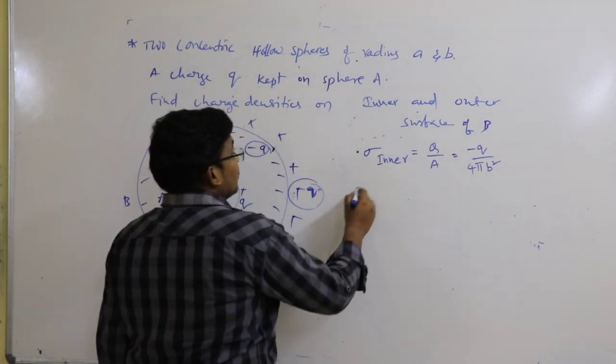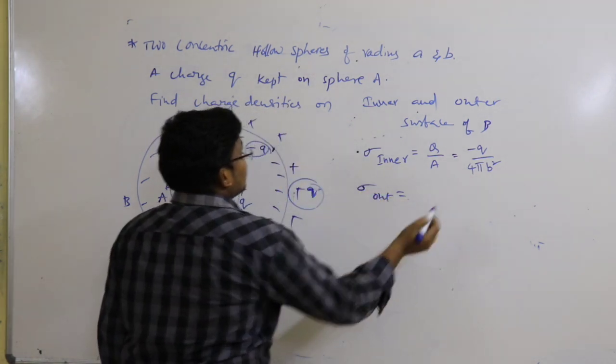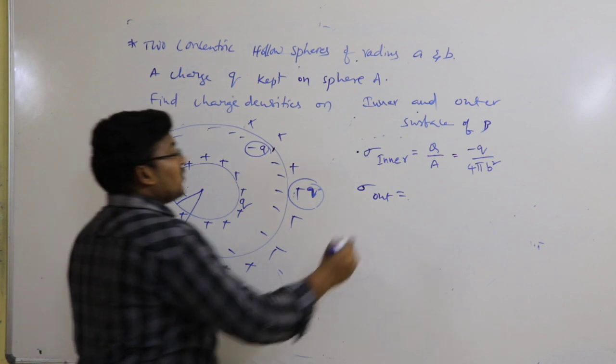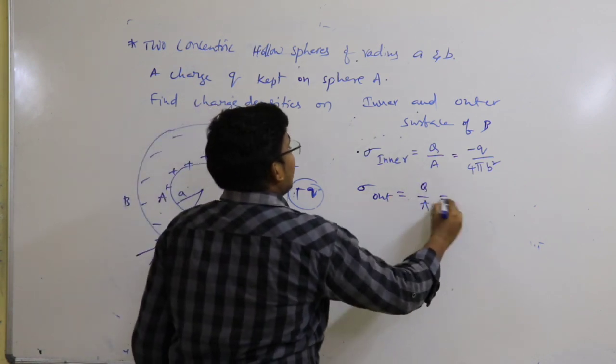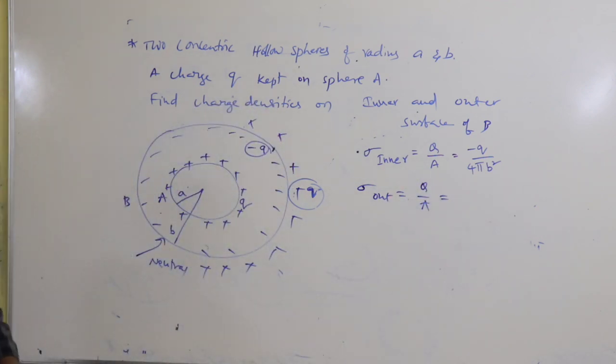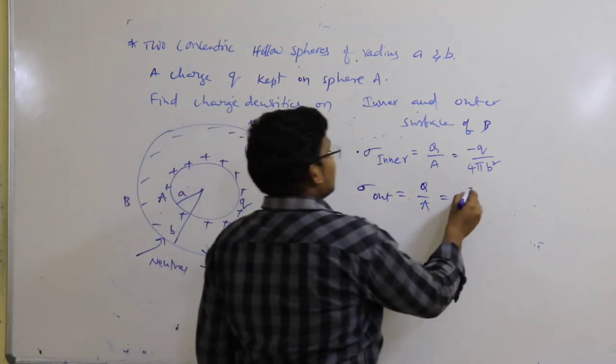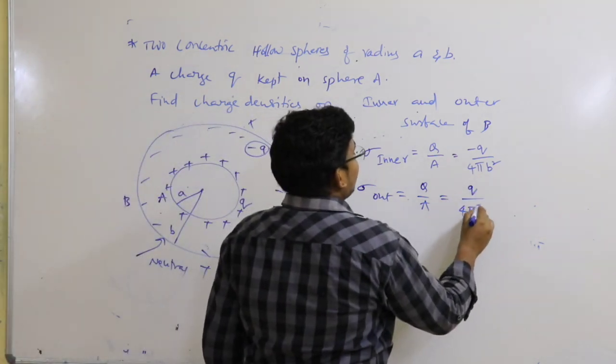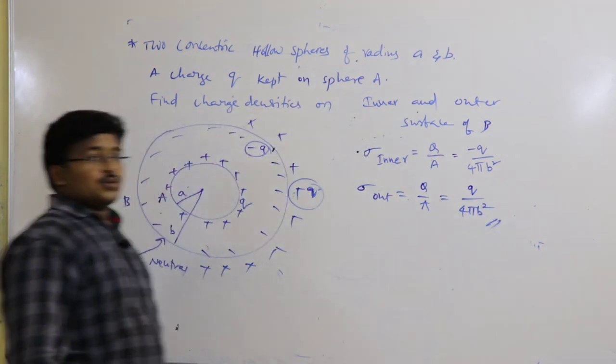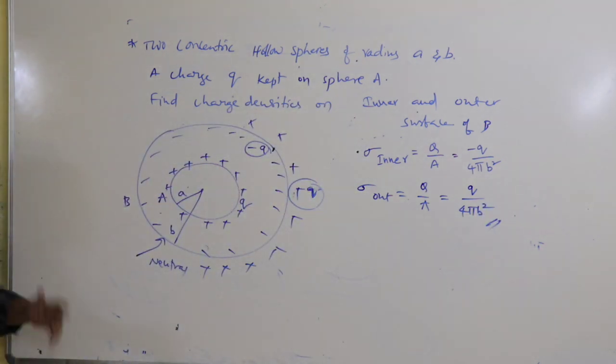So sigma inner is minus Q by 4 pi b square. For sigma outside, again the formula is Q by A, charge upon area. Now what is the outside charge? Plus Q, so it is Q by 4 pi b square. So this is how to do it with hollow concentric spheres.